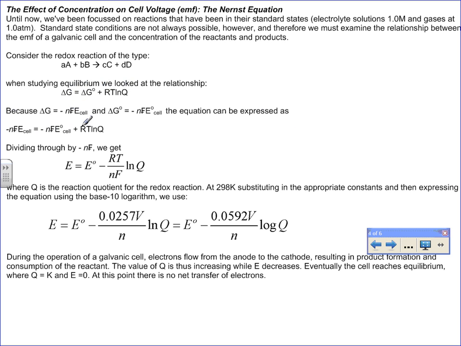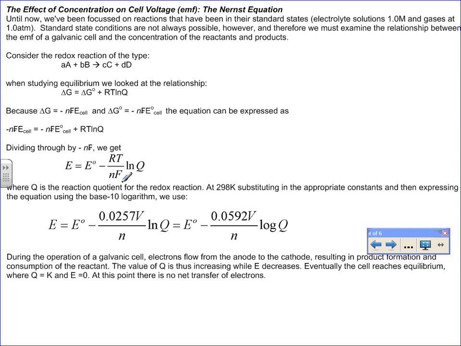Now this is a bit of a mess of an equation, so we simplify it by dividing through by nF. So we get E is equal to E naught minus RT over nF ln Q. And we simplify this further by taking into account the constants at 25 degrees Celsius, which is pretty standard.